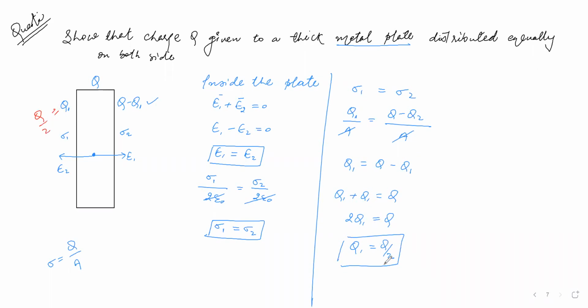If Q1 is Q by 2, then Q minus Q1 can be written as Q minus Q by 2. Again, we get 2Q minus Q by 2, which is Q by 2. This is your value of charge on the other side.